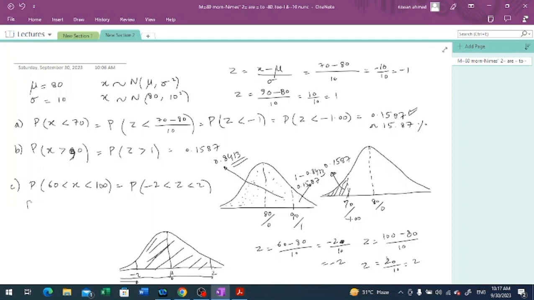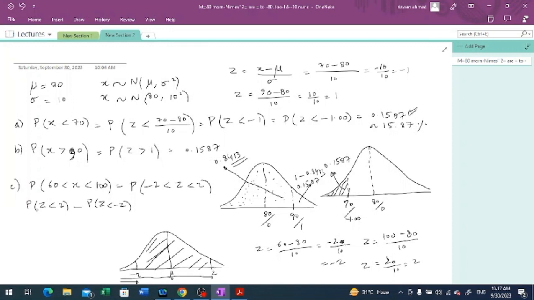So this is how we can write down the probability: probability z below 2 minus probability z below -2.